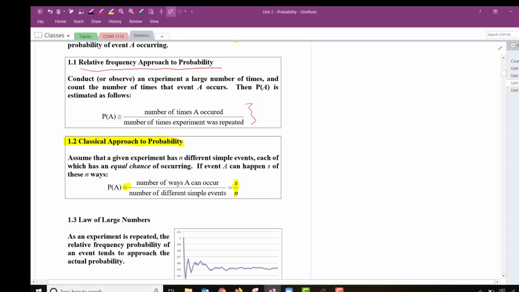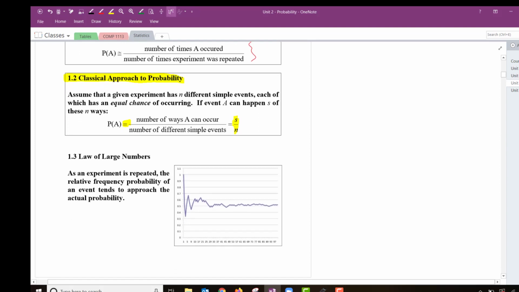It basically says the more times you repeat the experiment, the closer your relative frequency will get to the actual or classical probability. There's a little picture drawn here where I was flipping coins and looking at the probability of getting heads. I flip it one time and I got heads, so I would estimate the probability is 100%.